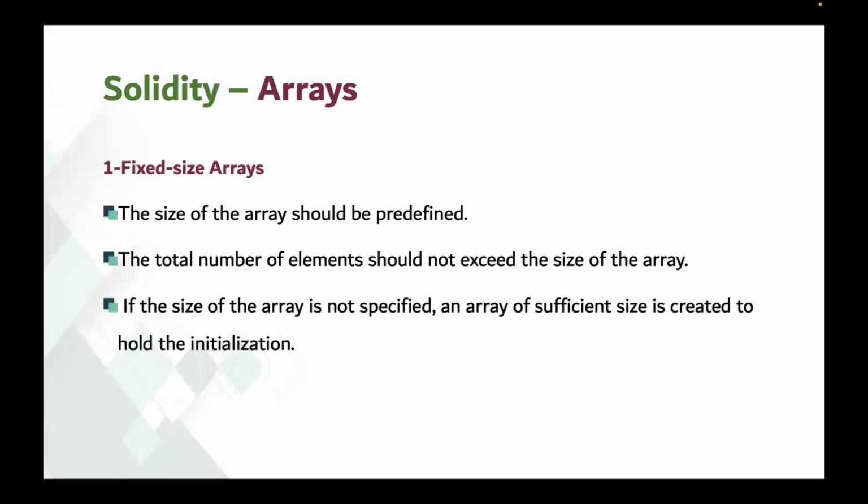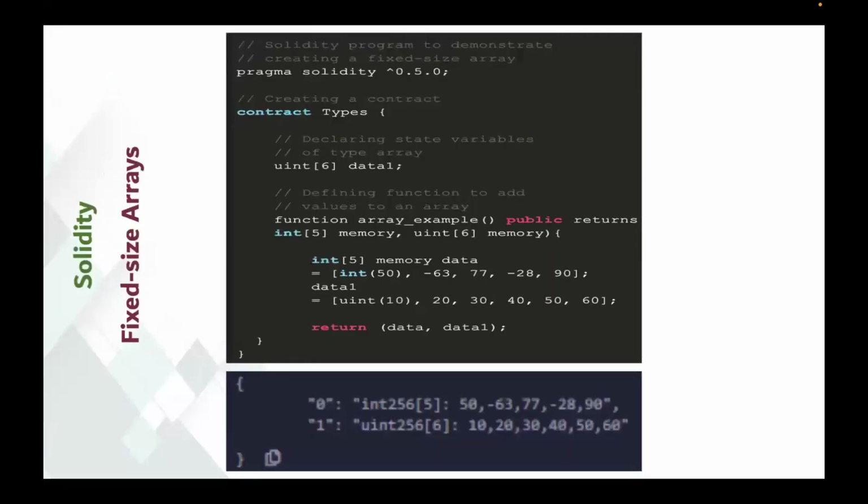For more clarification, let's look at this example. In this example, we declare data1 as an array with size 6. Then we have this function and we assign elements to this array.